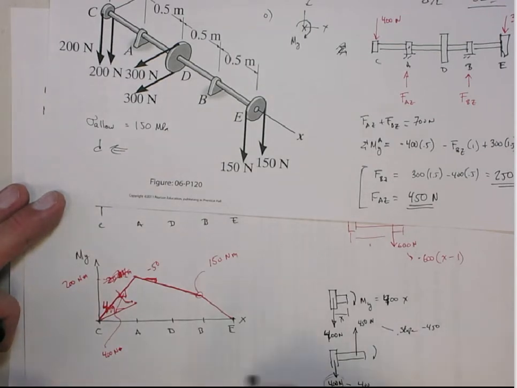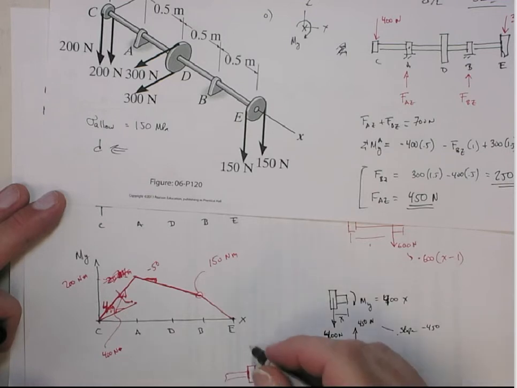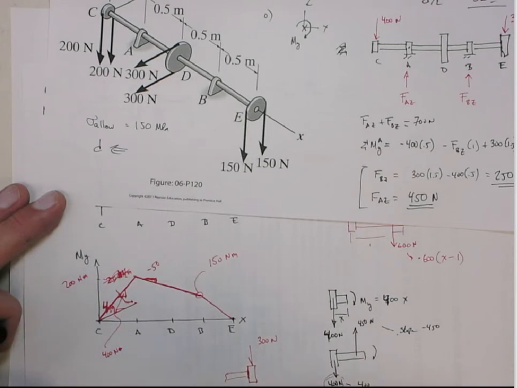The other way to do it is you can look right at point E. We look at it from the right-hand side. Here's point E. We have the downward 300 newtons here. And the moment, this is a negative phase, so the positive moment is going to be that way.